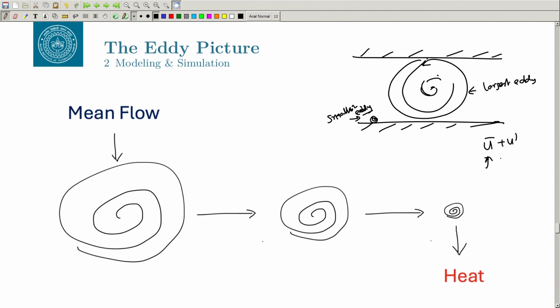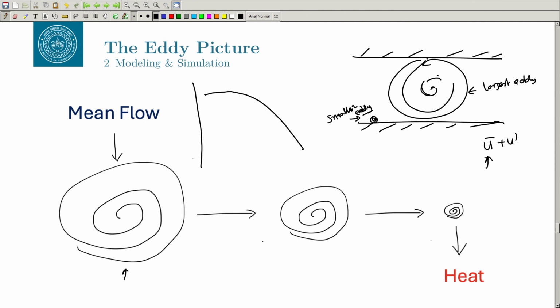This is the mean flow, which is the main flow that we see when we average the flow, and this mean flow gives energy to your largest eddy. The largest eddy transfers the energy to the next size eddy, and then it further transfers to the next size eddy. I have only shown three eddies, but you will have a complete energy cascade, starting from the very large eddy and going to the very small eddy.